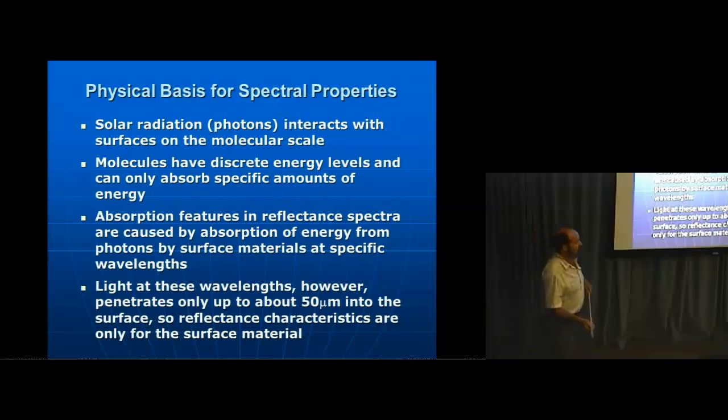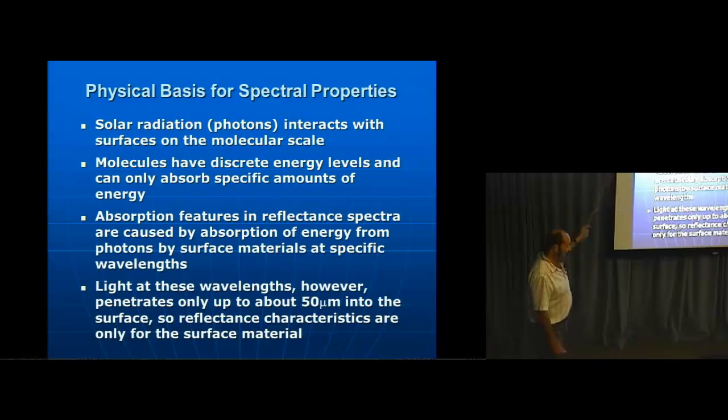So in this wavelength range, we're talking about solar radiation, and the photons interact with the surface on a molecular scale. There are certain things that happen in molecules. I'm not going to go into any detail, but I'll show some examples of how the energy interacts with the molecule, and there's only certain energy levels that can be occupied in certain types of absorption features, so we know what to look for.